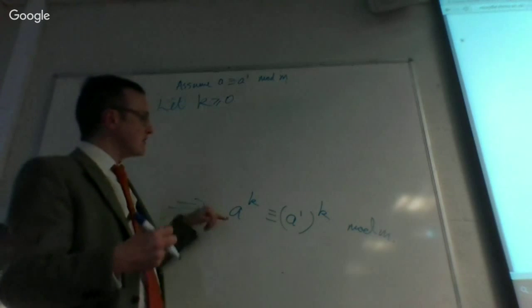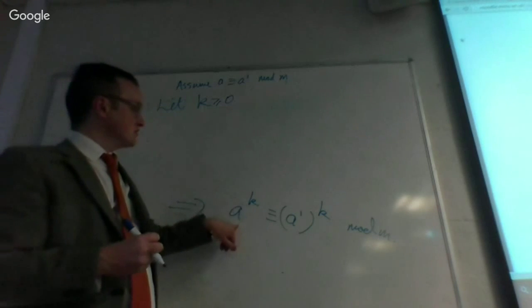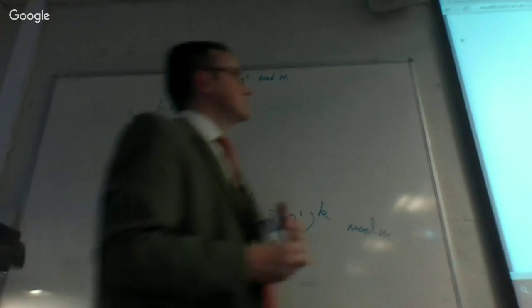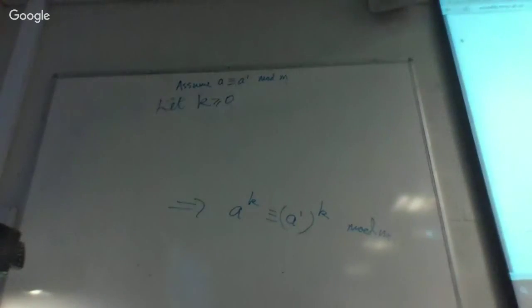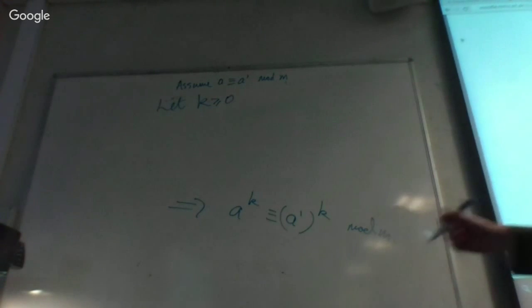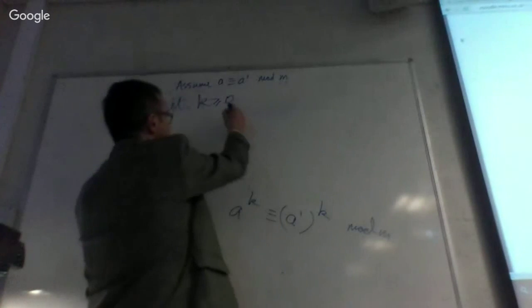Well, not really, because raising a to a power is just repeated multiplication. I've already proved the basic property of how multiplication preserves congruence in number 2. If a was congruent to a prime and b is congruent to b prime, when you multiply a and b, you get something congruent to multiplying a prime and b prime. So here, I can get this.